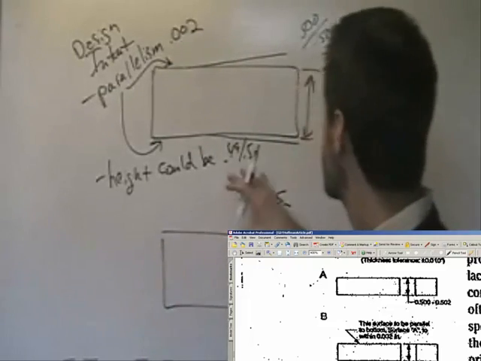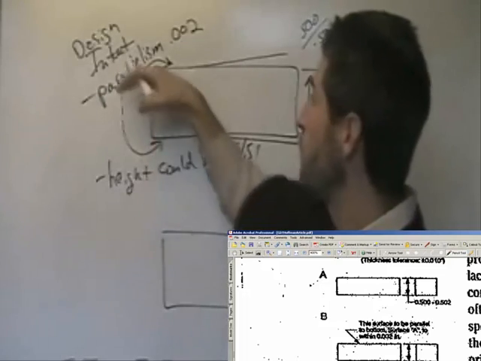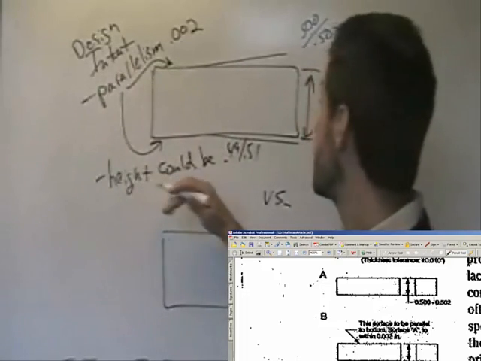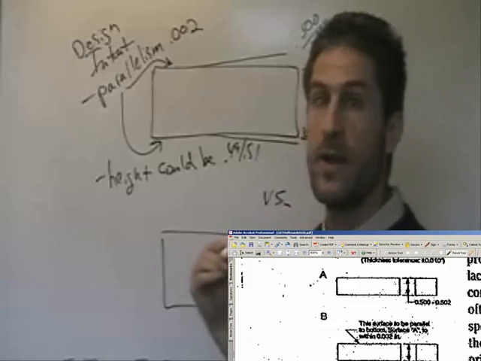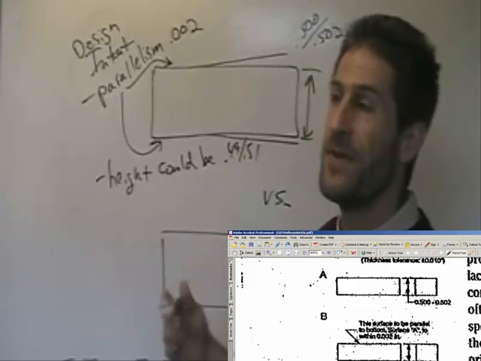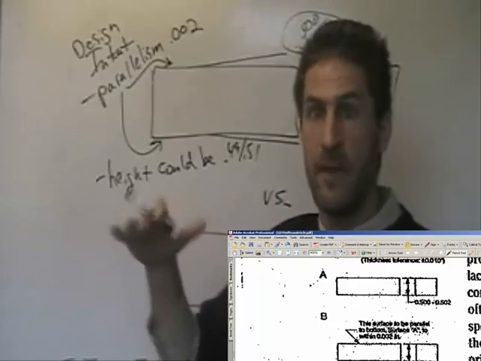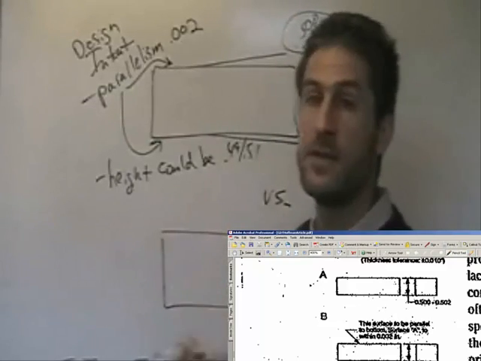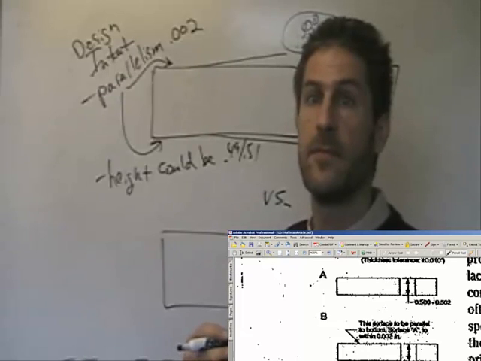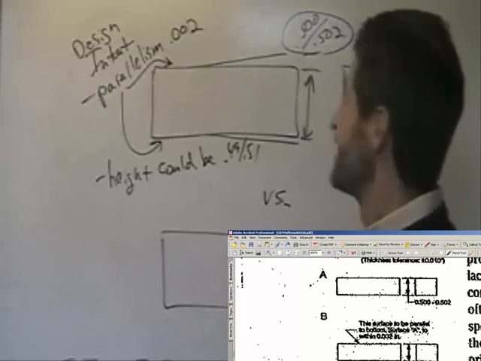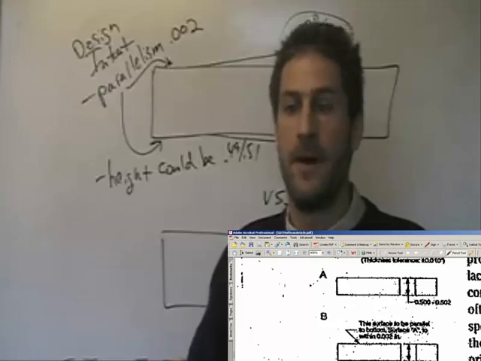So the designer here doesn't really know how to put both of these requirements in with just a coordinate dimension. So they figure, well, I'll just put in this, and that'll make sure that the top and bottom are parallel within two thousandths. It's kind of an over-design.